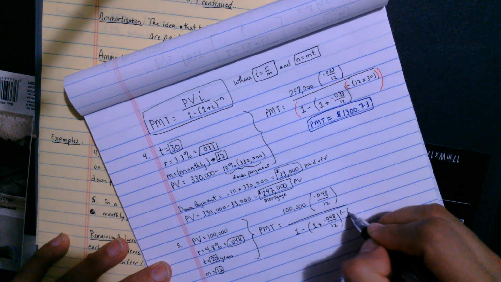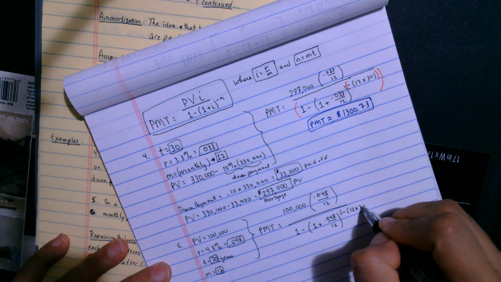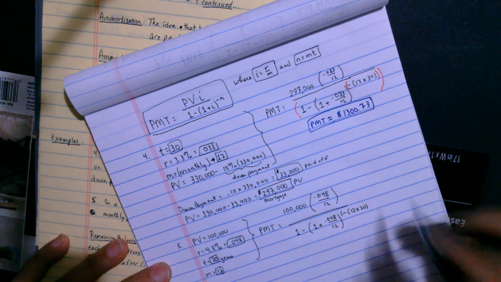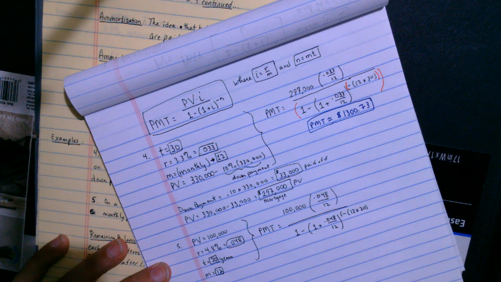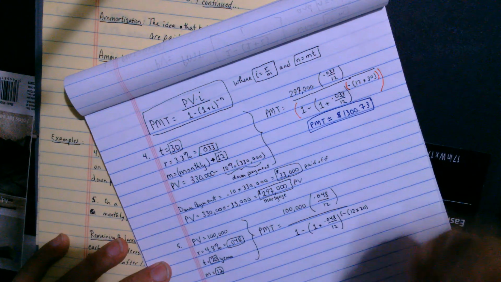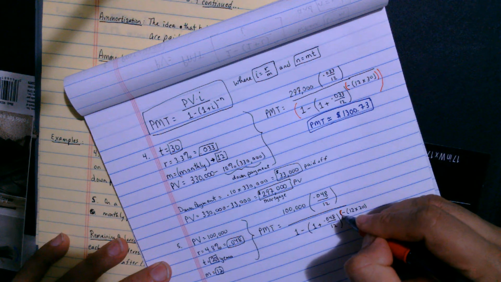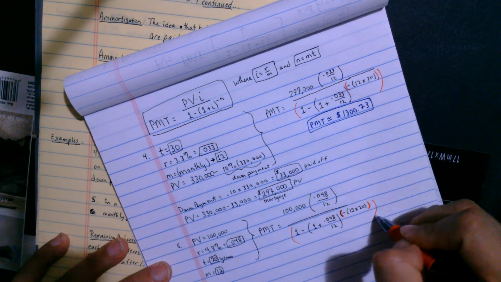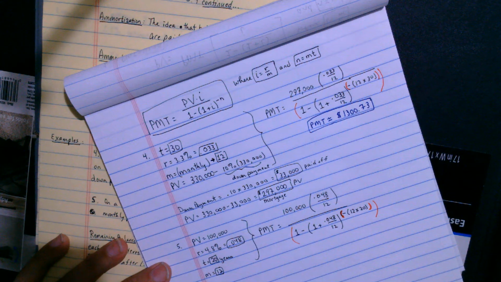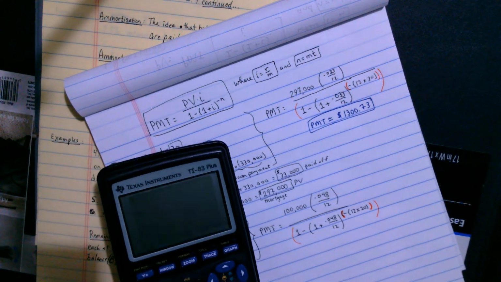All that raised to negative M times T, 12 times 20 this time, not 30. I shouldn't have put the red one, or the black one there, to show you that this is what the calculator needs. So this negative here and around, like that.